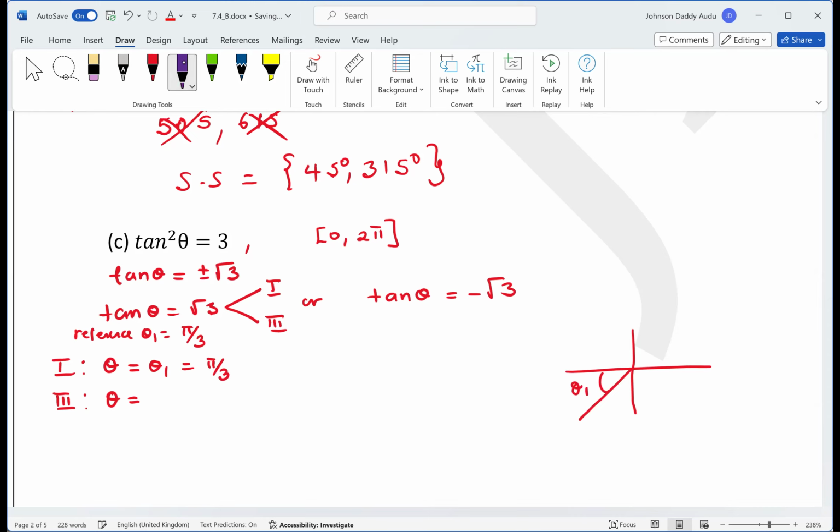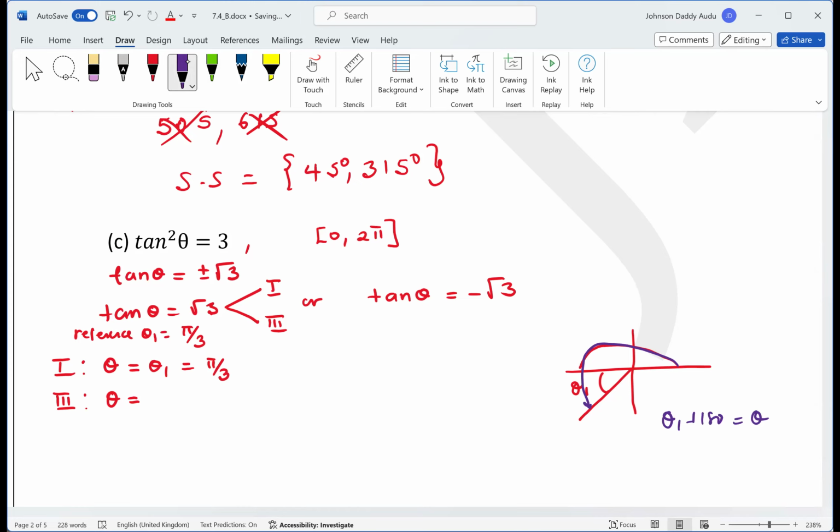If you want the theta in standard notation, you will come this way. That simply means that theta 1 plus 180 is going to be theta, right?